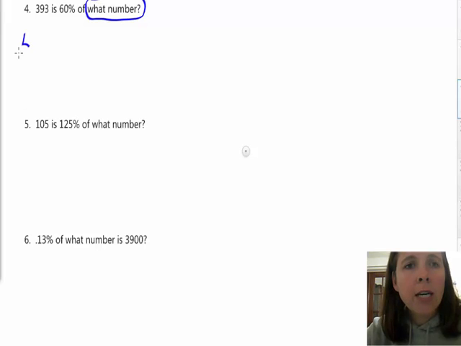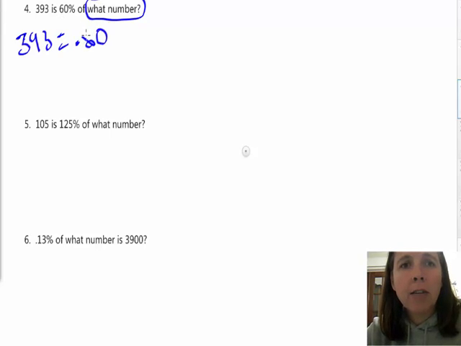393 is, remember that's equals, and 60%, so you had to make that a decimal, 0.60, of what number?